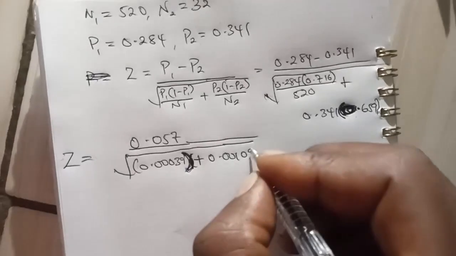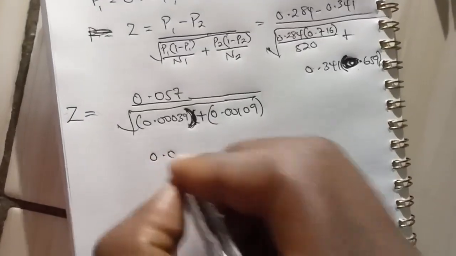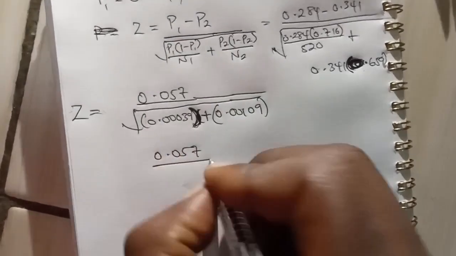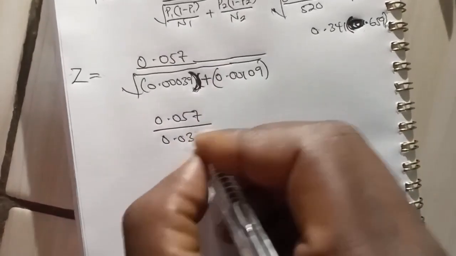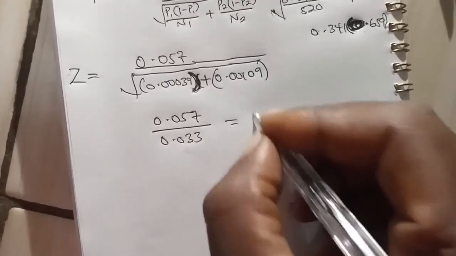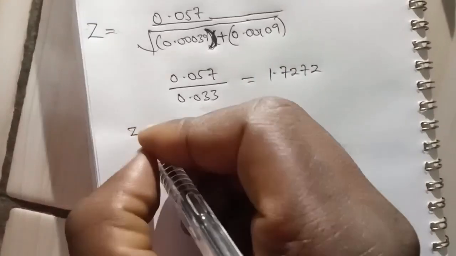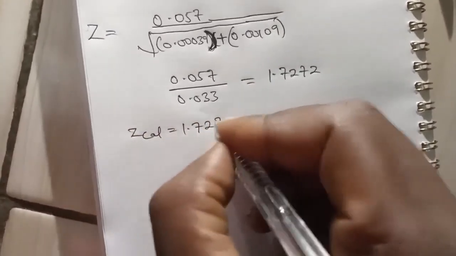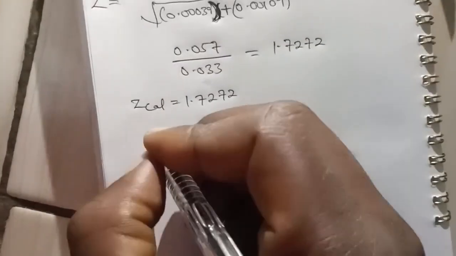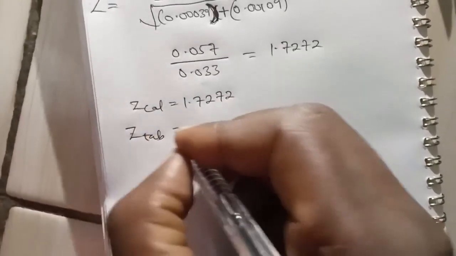So if we add this and this, we're going to have 0.033, and if we divide that, we'll have 1.7272. So our z calculated is 1.72727272.